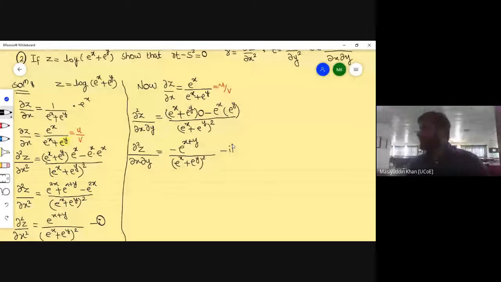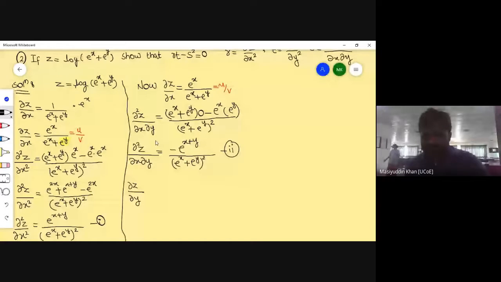Now we have to calculate the derivative of this function with respect to y, similar to what we did with respect to x, 2 times. So dou z by dou y. This is my function, and we have to differentiate this function with respect to y.